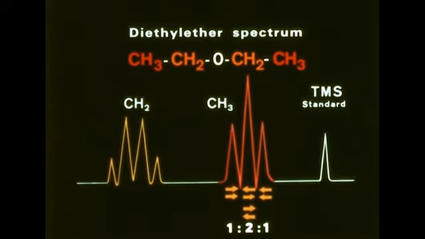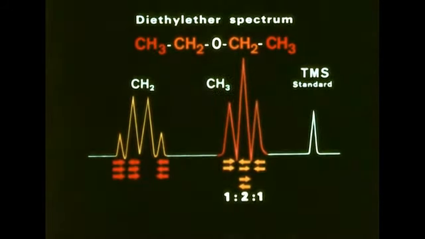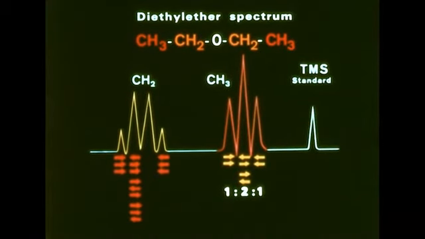In the same way, the methylene protons, which have three neighbors in the methyl group, can have them aligned in four different ways. All three may be aligned with the field, all three may be aligned against the field, two may be aligned with and one against the field in three ways, and two may be aligned against and one with the field in three ways.